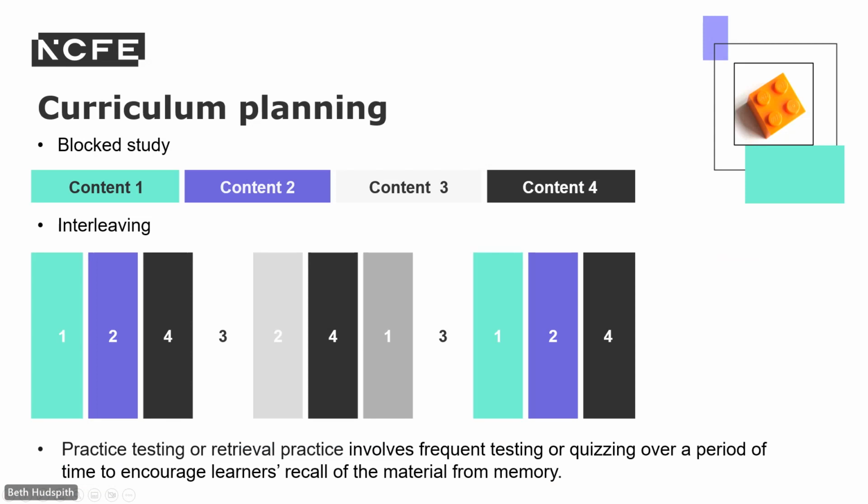So if we look at curriculum planning holistically and consider all of the content areas for graphic design, let's just explore for a minute the blocked approach versus the interleaving and how that spaced learning and retrieval can support delivery of the new model VCert. So block study, which involves studying a topic in sequence before moving on to another, may have suited previous VCert models, which featured end of unit assessments.